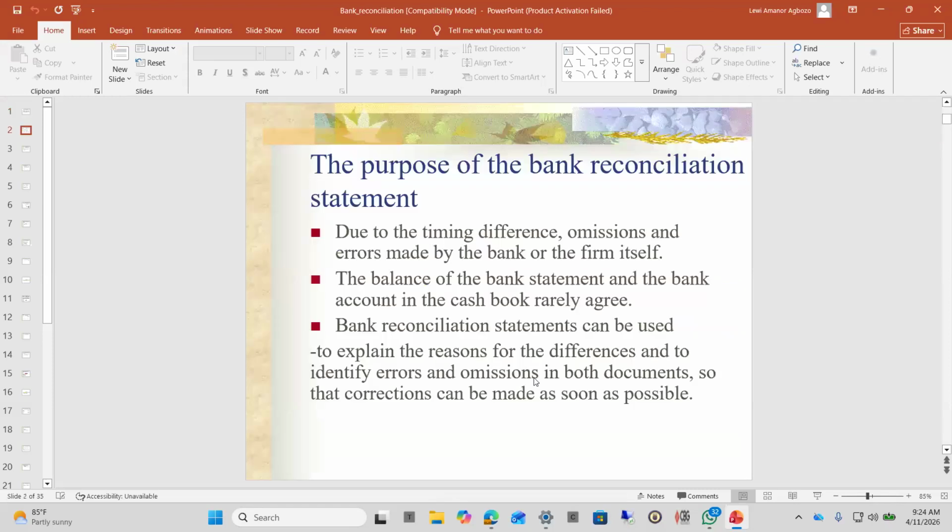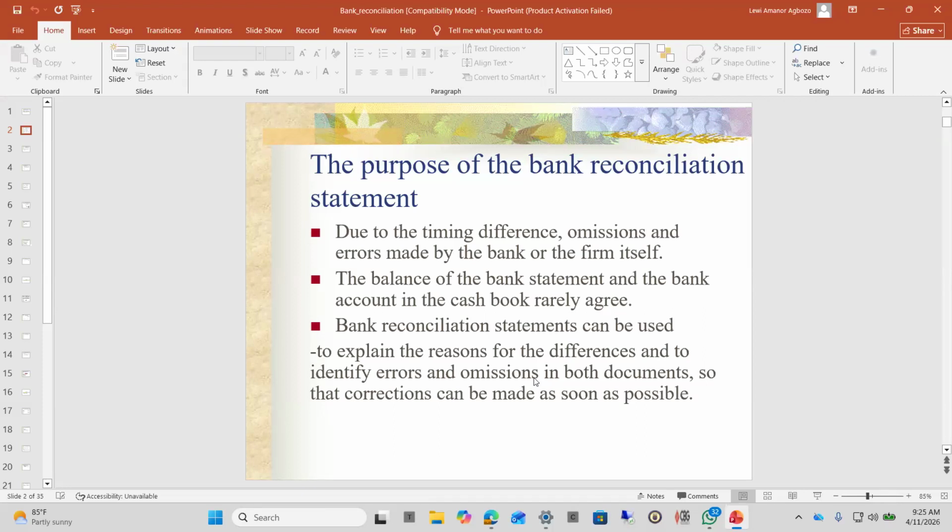So what are the basic purposes of bank reconciliation statement? We said that due to time differences, omissions, errors that could be made by the bank or yourself, there could be a difference. And the bank reconciliation statement, when it is done, comes to solve those differences.